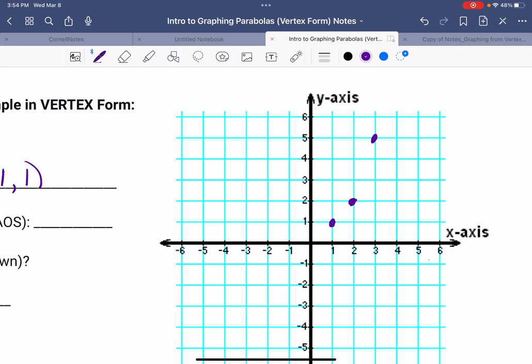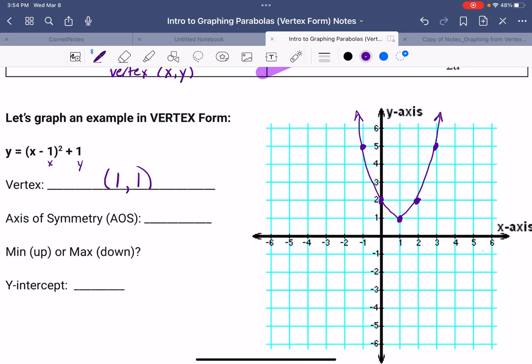And I won't be able to do my third point, which is fine, okay? As long as you can graph 5 points on your parabola, you will be fine. And then now I'm just going to make sure I mark my parabola and go upward. All right. Now, the next question is, what is my axis of symmetry?